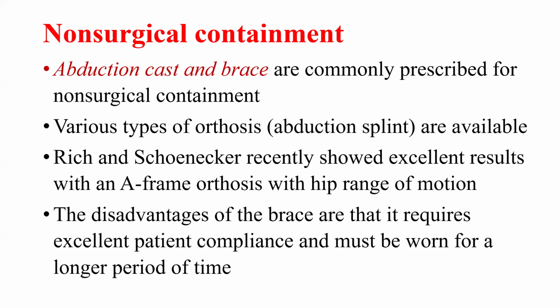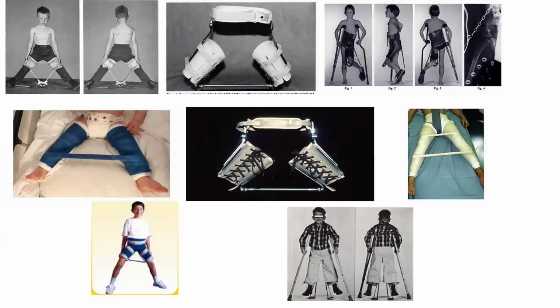These are the various braces that we use. You have a Toronto brace, you have the Atlanta brace, you have a brace where you just abduct the hips, you have a Petrie cast, you have various types of brace. But the Atlanta brace, we used it quite a lot.